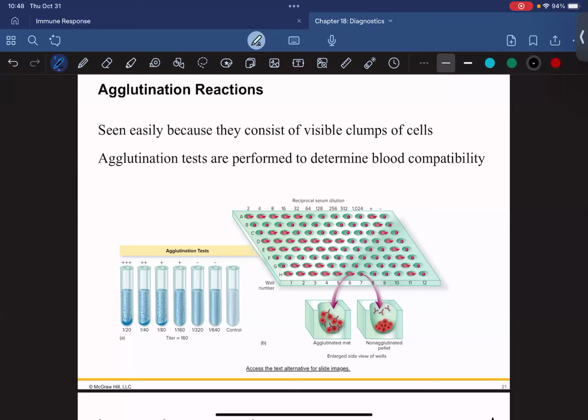It depends on what system that you're looking at, whether you're going to get pellets or whether you're going to get diffuse things or mats or whatever. So I don't need you to focus on whether you get pellets or not, please, because it depends on the test that you're doing, if you're going to get a pellet or a dot or whatever. But the idea here is you're looking for agglutination or precipitation. Just know those terms for me, please. Okay. Whether it agglutinates or precipitates, that's the focus here.